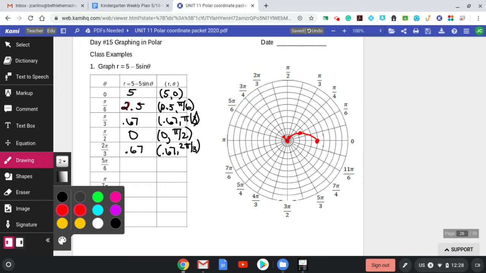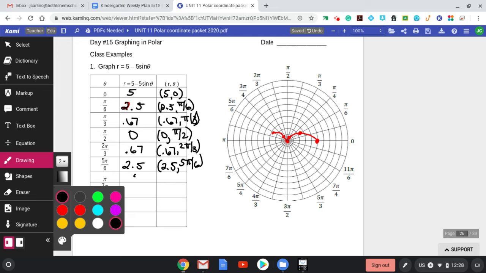So there we go. Next one's going to be 2.5 again, so 2.5 comma 5 pi over 6. Let's go to 5 pi over 6 and graph out the 2.5. So 1, 2.5, right here. All right, let's keep going.